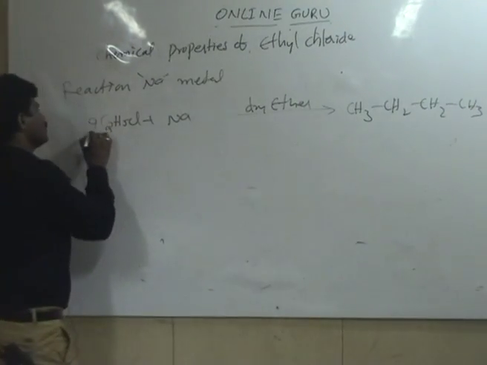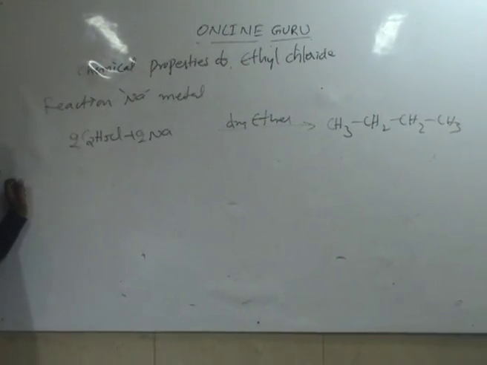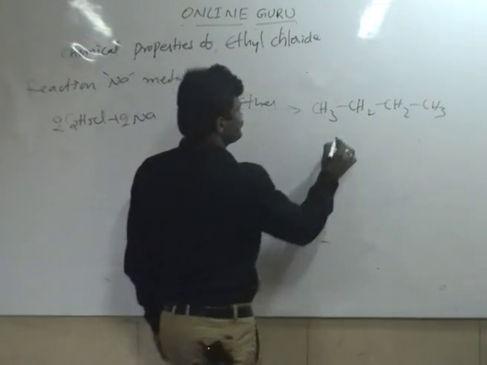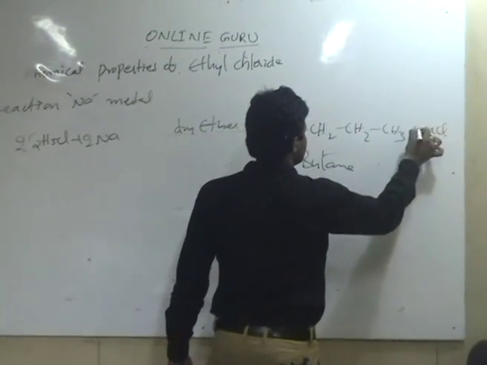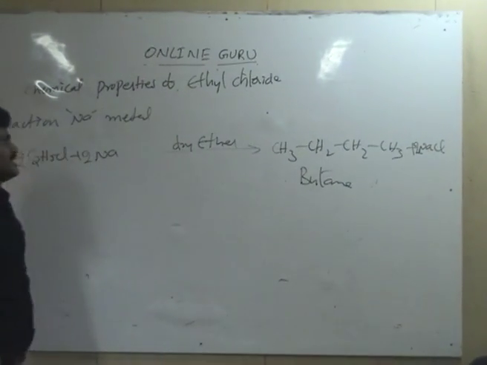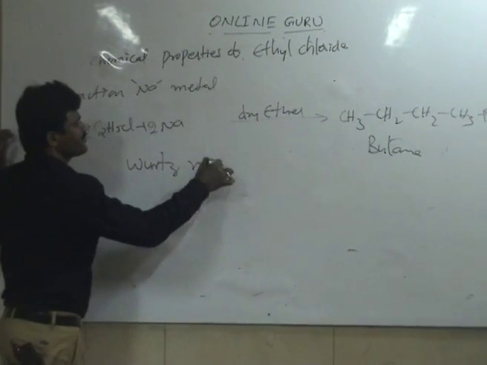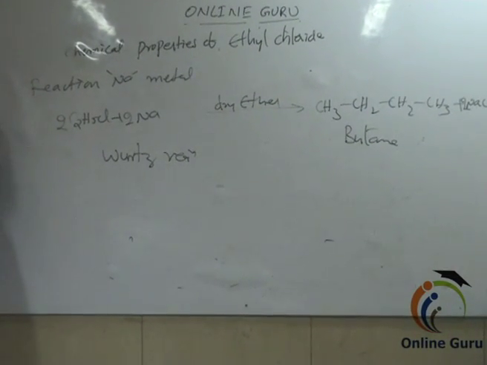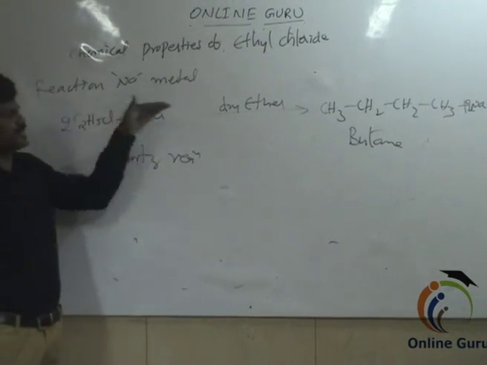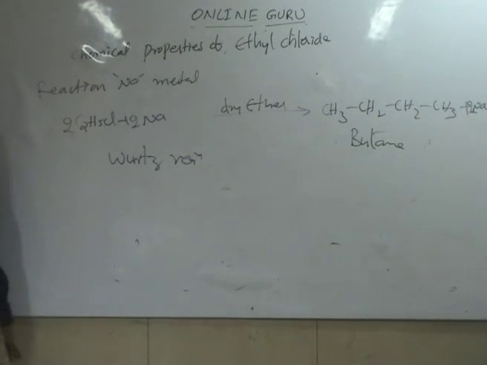So 2 moles of ethyl chloride react with 2 moles of sodium in presence of dry ether to form butane and 2NaCl. This reaction is known as Wurtz reaction.